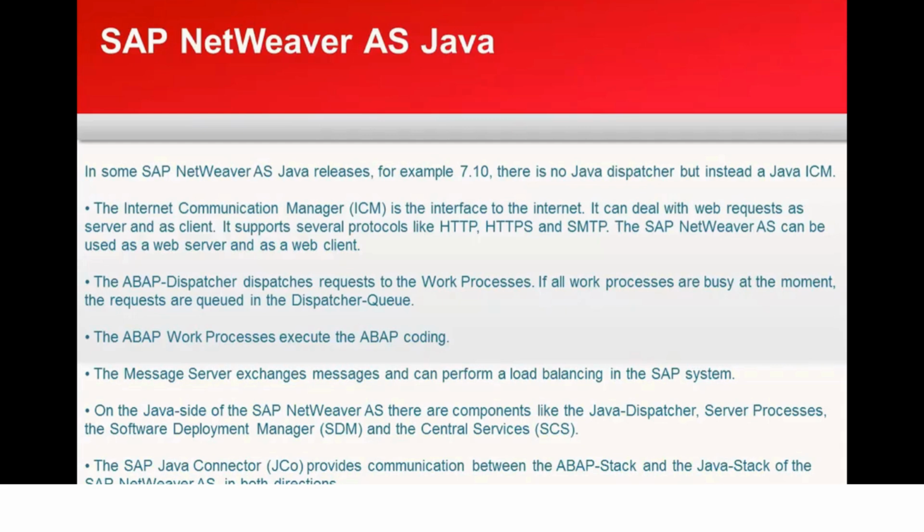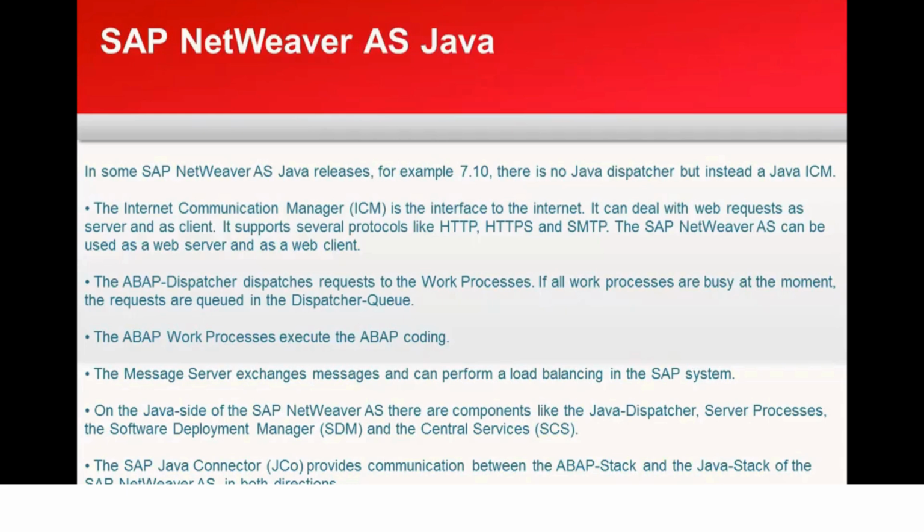The ICM is the interface to the internet. It can deal with web requests as server and as client. It supports protocols like HTTP, HTTPS, and SMTP: the normal HTTP protocol, HTTPS the encrypted protocol, and SMTP for mail transfer. The NetWeaver AS can be used as a web server and as a web client.